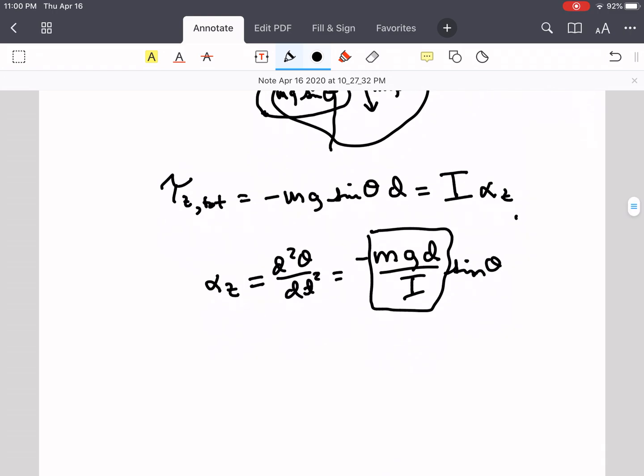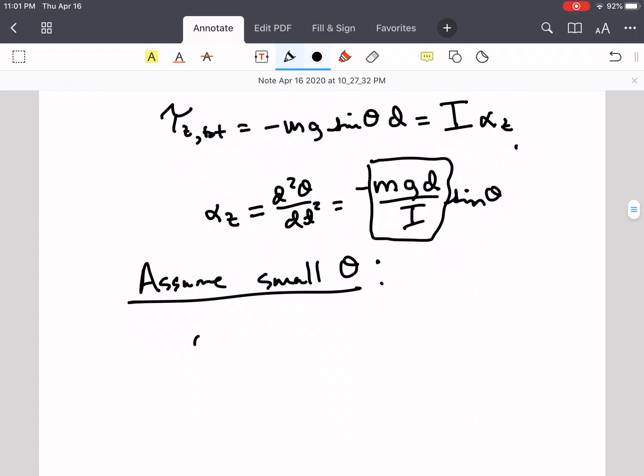And so I'm going to do the same thing I did with the simple pendulum. I'm going to assume the angle is small. Assume small theta. Then sine of theta is approximately equal to theta, meaning d squared theta dt squared is approximately equal to negative mgd divided by I times theta.